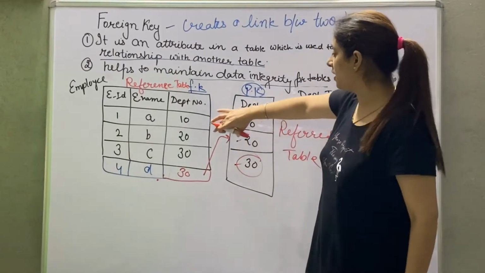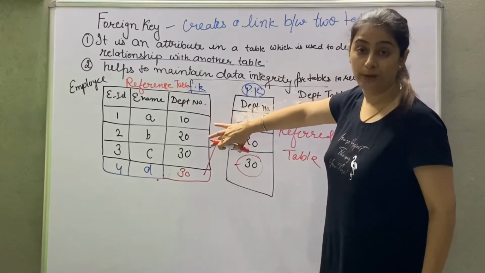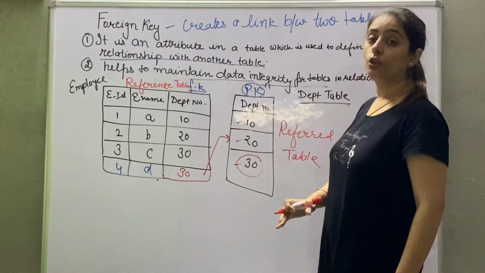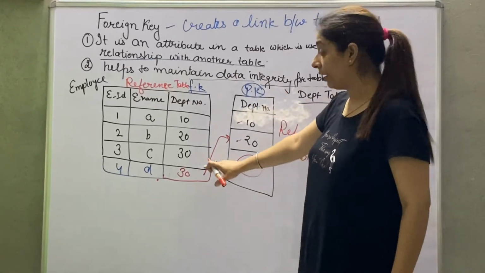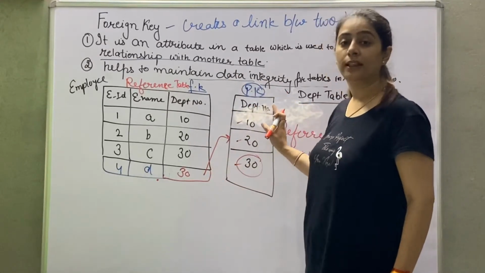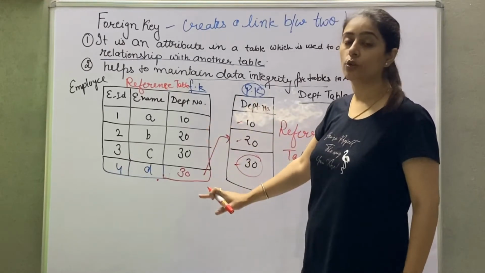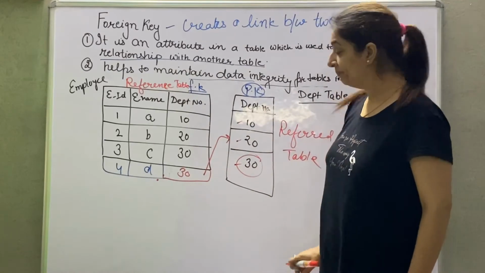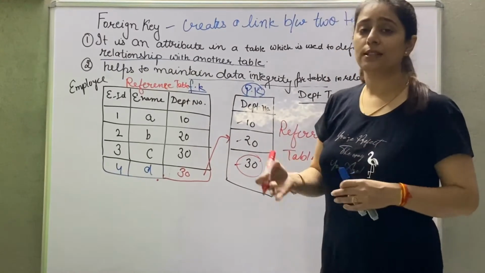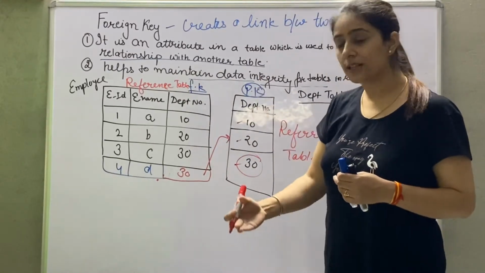We are joining these two tables so that we can maintain data integrity. Whatever is existing in the parent table, only that you can add or modify in the child table. Fine. Let's understand more with one more example.